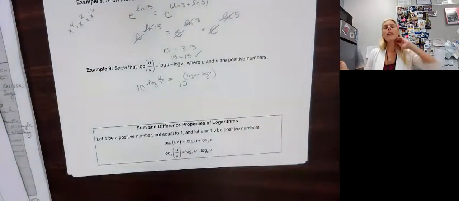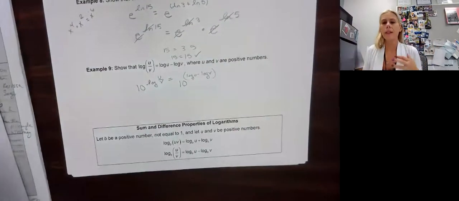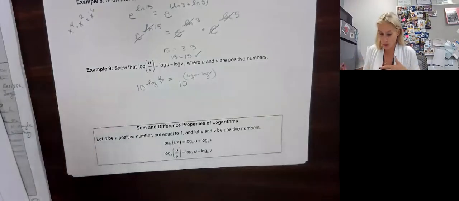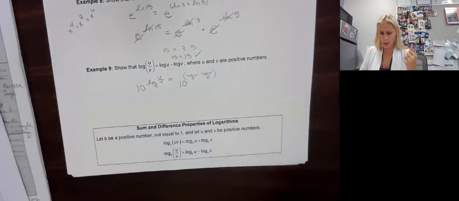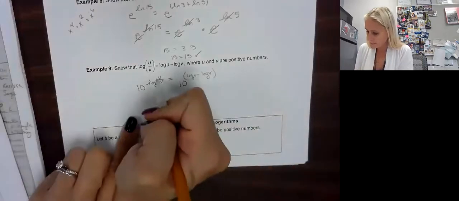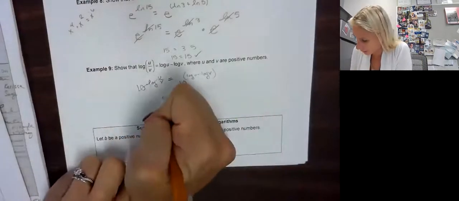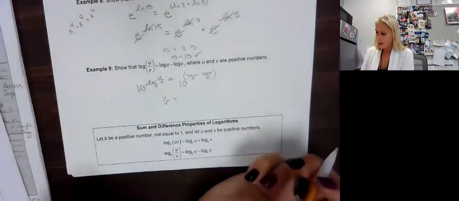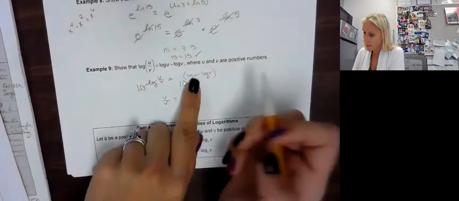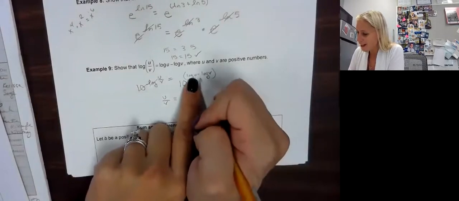Okay. The idea too is I'm proving that subtraction division property, so I can't use it, okay? In which I do use it, so, okay. So right here, those cancel and I get uv on one side. And here, I am going to use it.